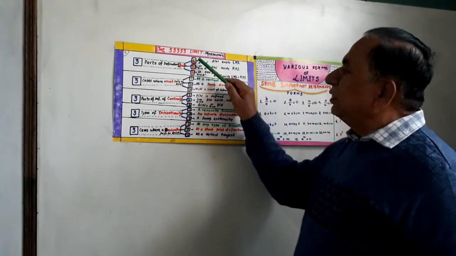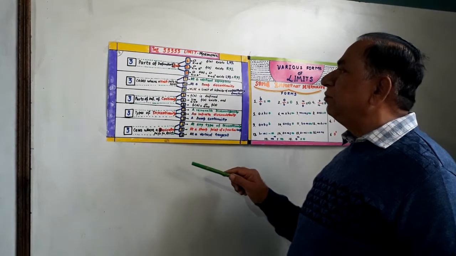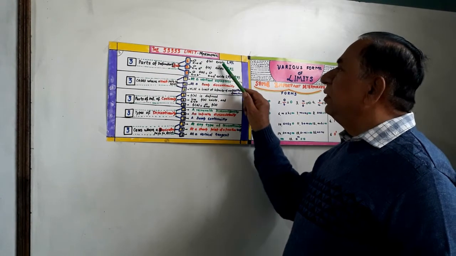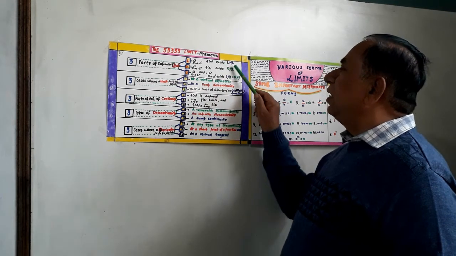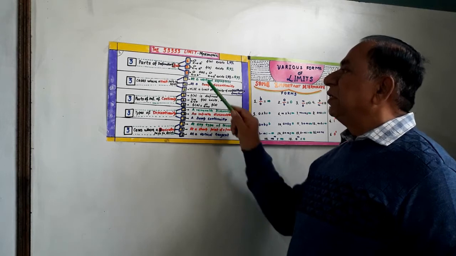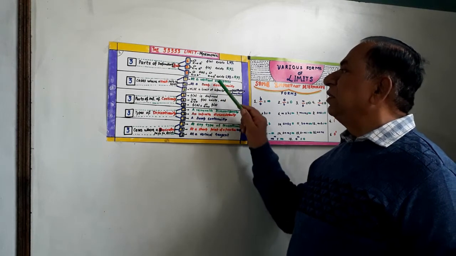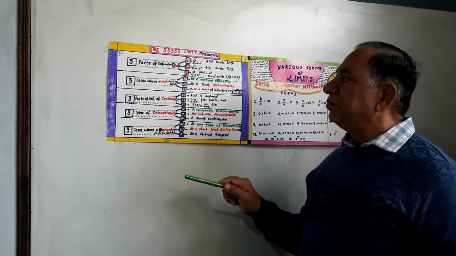Limit x goes to a minus of f(x) exists. That is, left hand limit exists. Second part is limit x goes to a plus of f(x). It exists. That is, right hand limit exists.